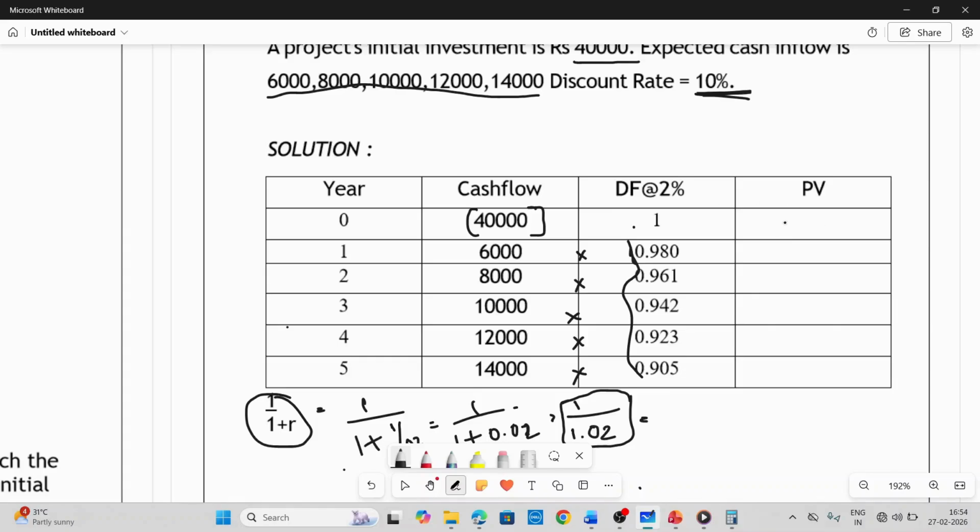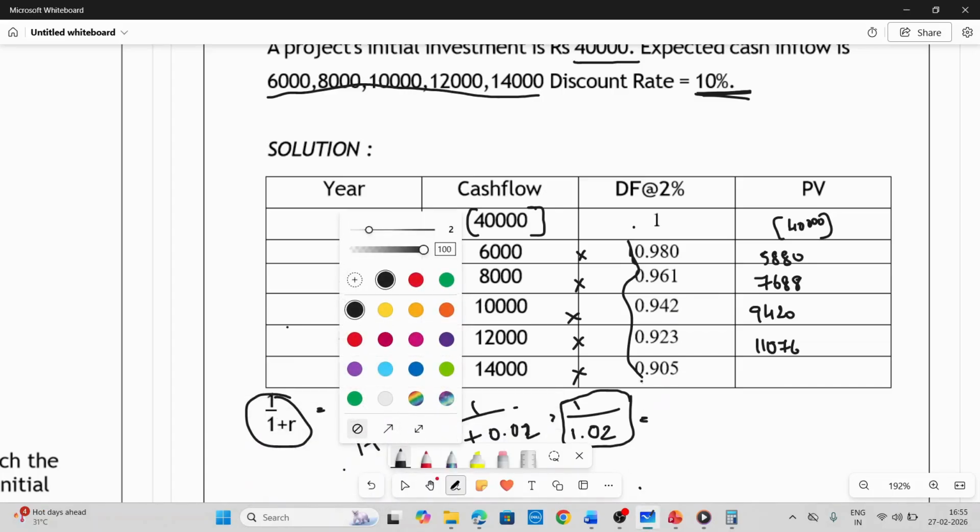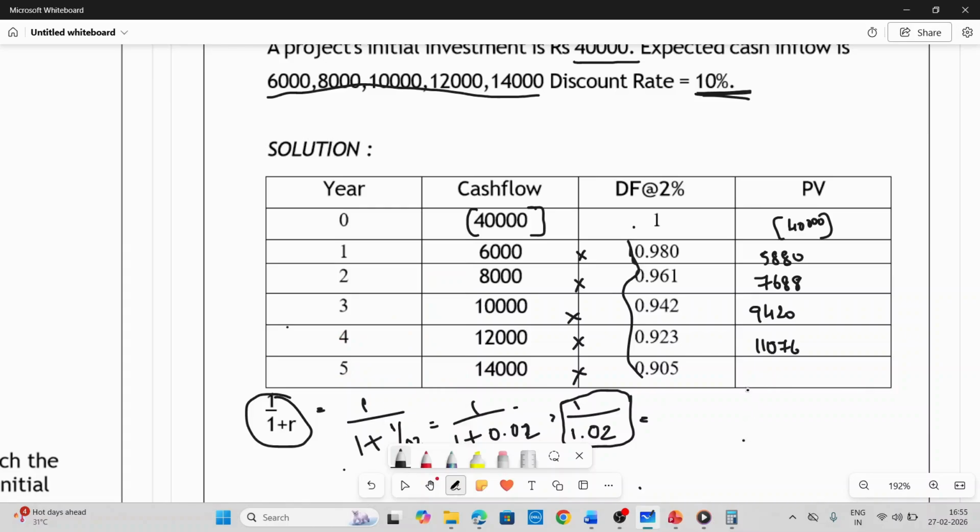So 40,000 into 1 is minus 40,000. 6,000 into 0.980 is 5,880. 8,000 into 0.961 is 7,688. 10,000 into 0.942 is 9,420. 12,000 into 0.923 is 11,076. 14,000 into 0.905 is 12,670.